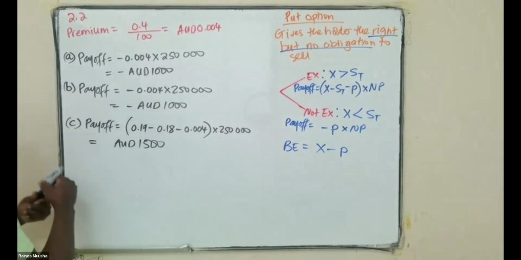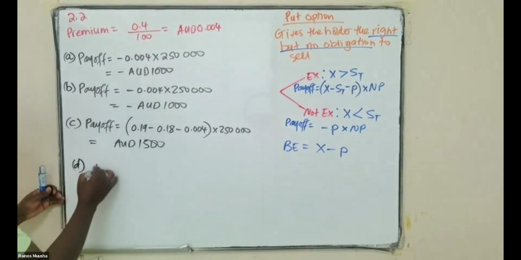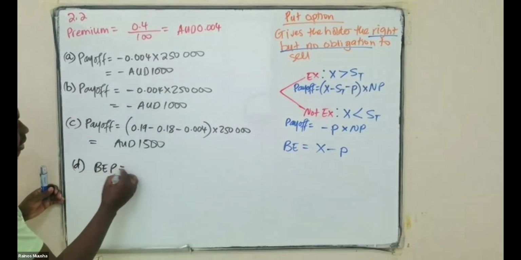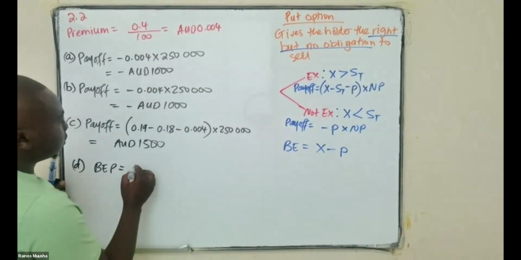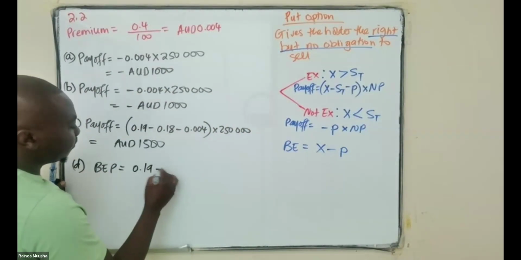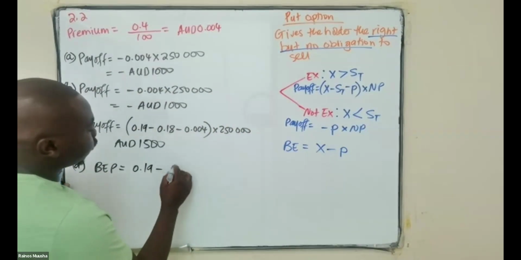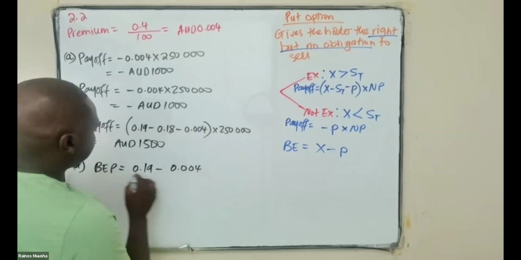So in this case, for part D of the question, the break-even point is equal to the exercise price of 0.19 minus the put option premium of 0.004.